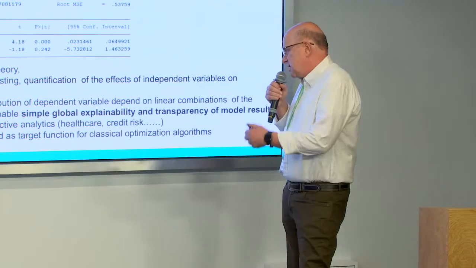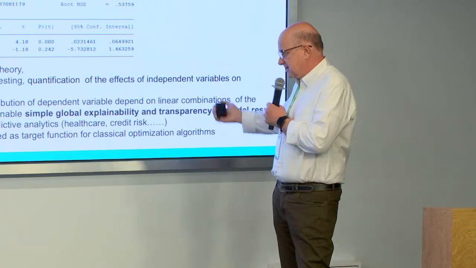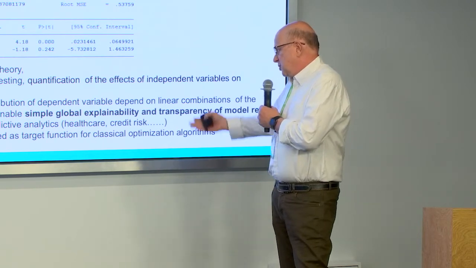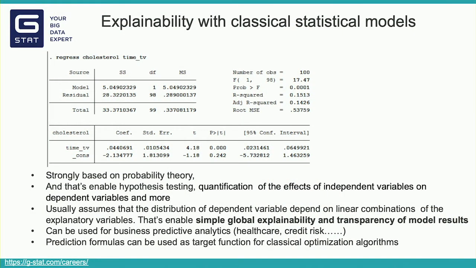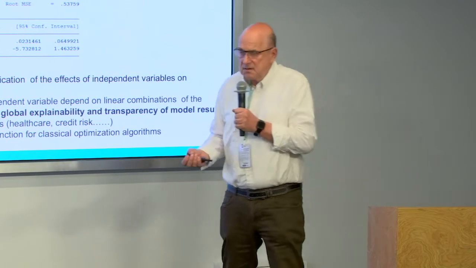So the classical statistical models, like linear regression, usually assume that the dependent variable depends on a linear combination of the explanatory variables. And once we have it, we have a very closed analytical formula for prediction.